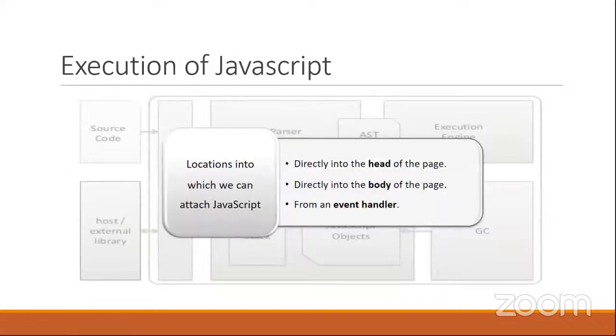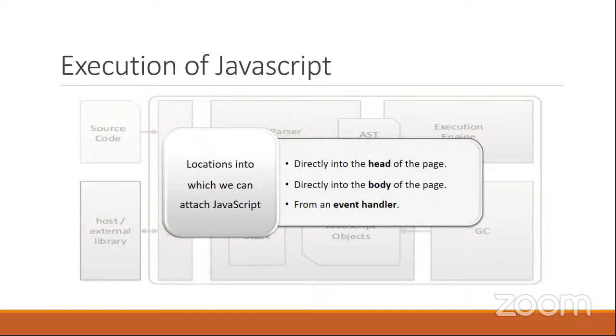Then the next thing is about execution of JavaScript. We can directly have this JavaScript in the header of the page, or directly in the body tag, or with the help of event handlers.